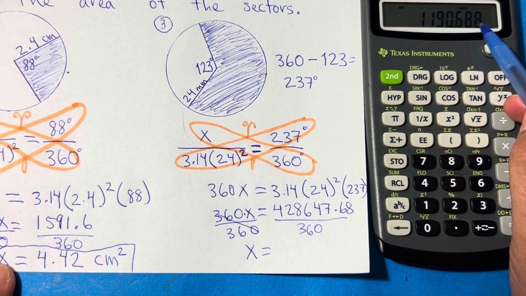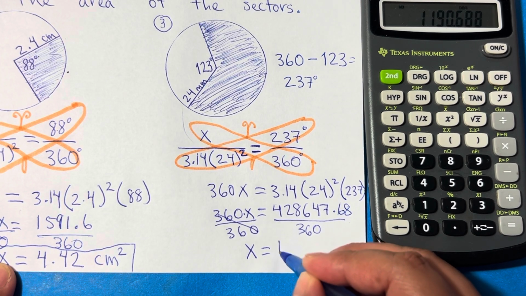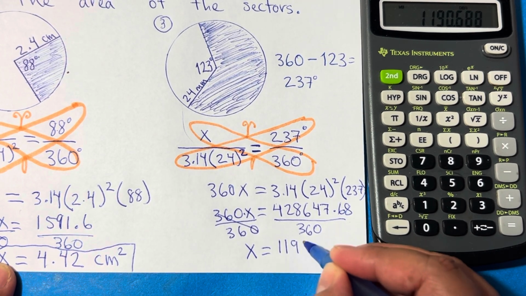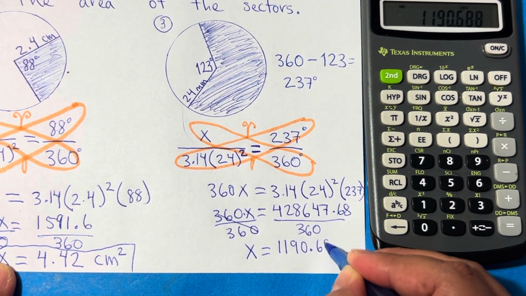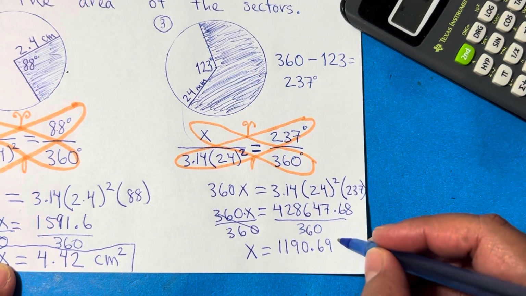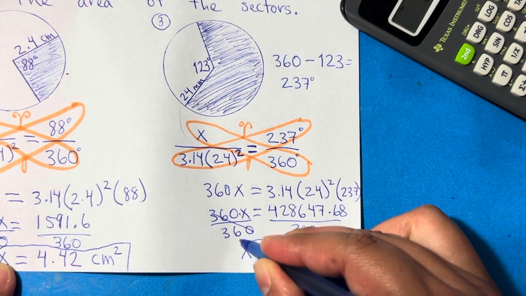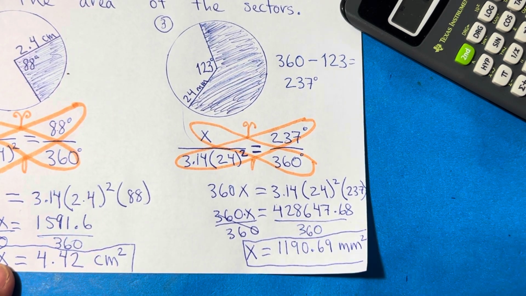But because this is 5 or more, then this one will go up. So it's 1,190.69. And the unit of measurement is squared millimeters.